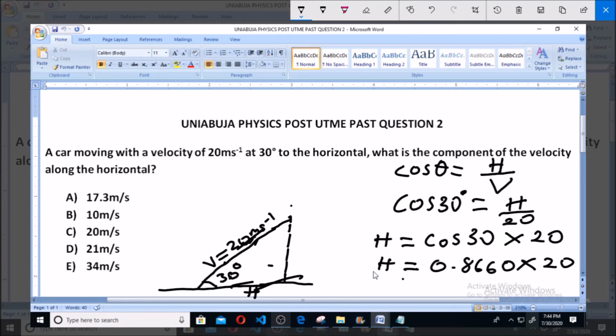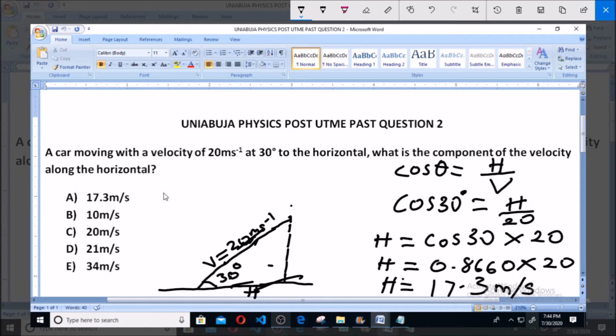And if you solve this, or if you use a calculator, the answer you obtain will be approximately 17.3 meters per second. 17.3 meters per second will be our answer.